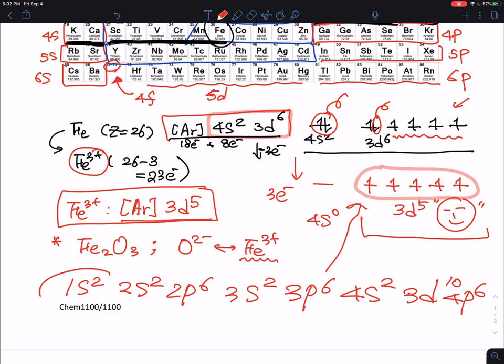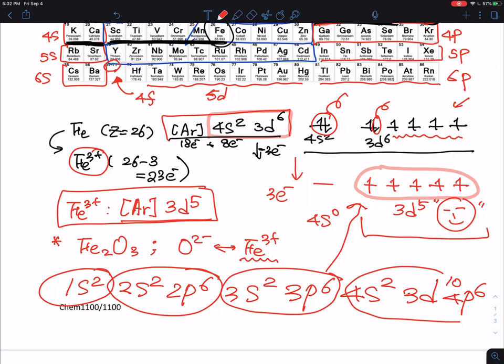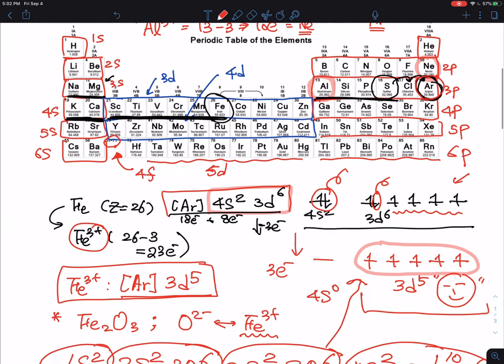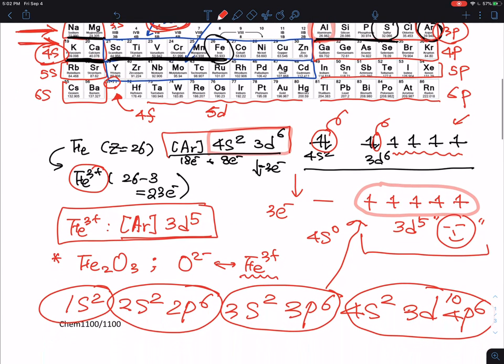Okay, so this is the first row, this is the second row, this is the third row, and this is the fourth row that is shown up here, right? So first row right here, second row 2s2p, third row 3s3p, and the fourth one, which is 4s, 3d and 4p. Okay, so that's how the electron configuration energy levels for single atom electrons are going to fill up. Thank you.